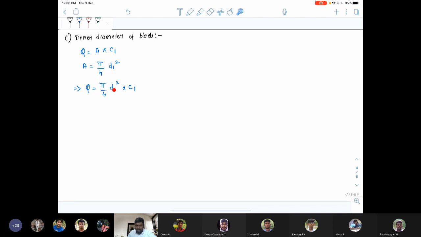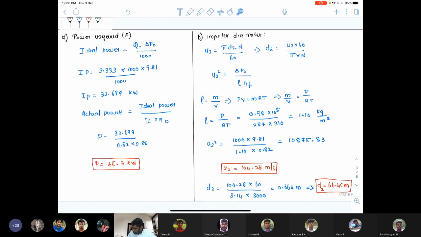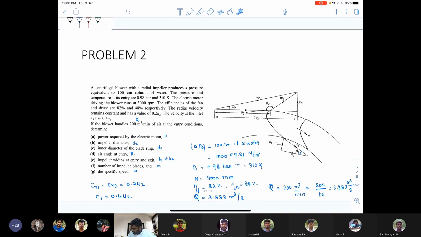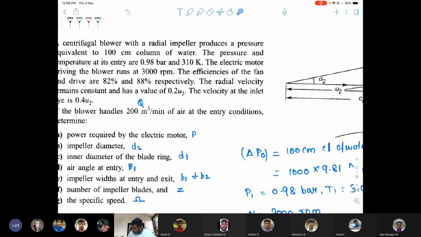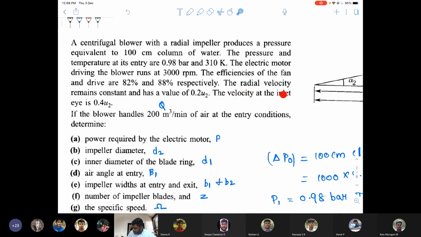We need to find the value of D1. In order to find this value of D1, you should know the value of Q and C1. The value of Q is known and the value of C1 remains unknown. But in the question, it is given as the velocity at the inlet is 0.4 U2. That is C1 is equal to 0.4 U2.